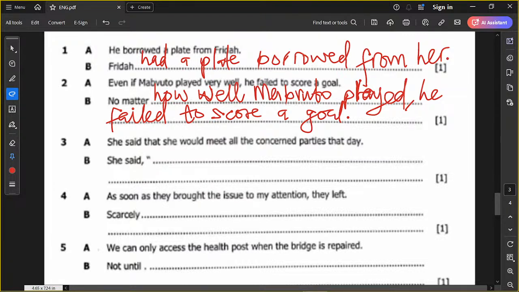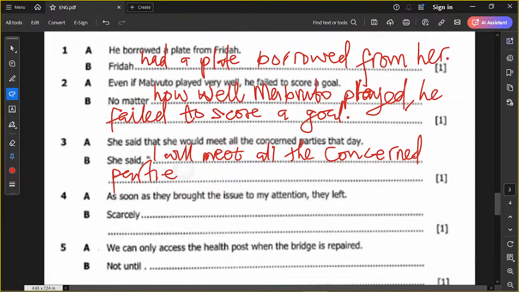She said, I will meet all the concerned parties today.